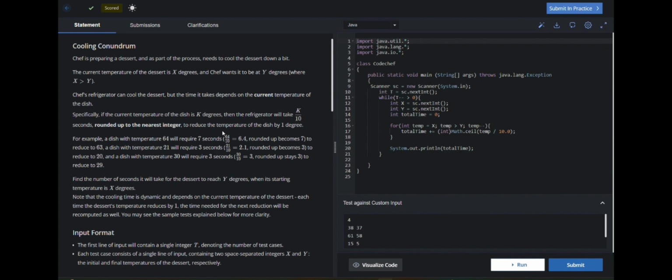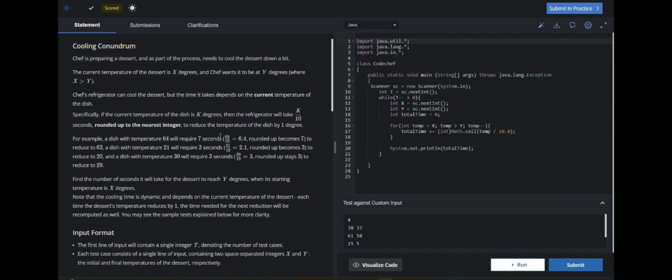It means that if the temperature of the dish is 64 at the current moment, then to reduce it to a temperature of 63, we will require 7 seconds. How did this 7 seconds come? We just divided 64 by 10 and took the ceiling value, that is 6.4, whose ceiling value is 7.